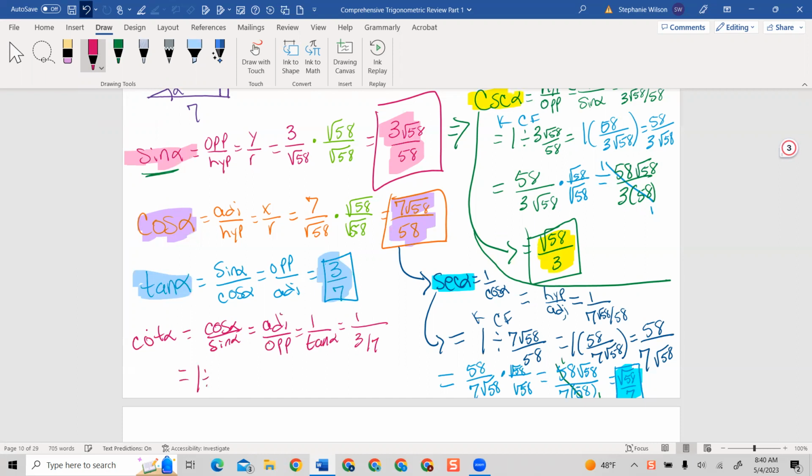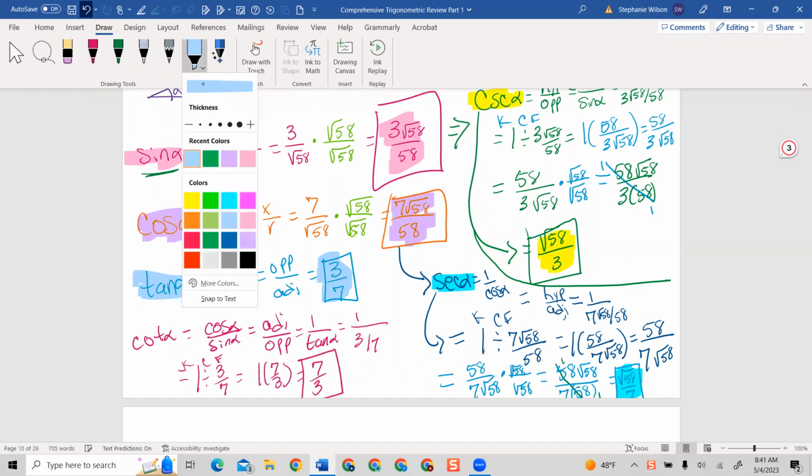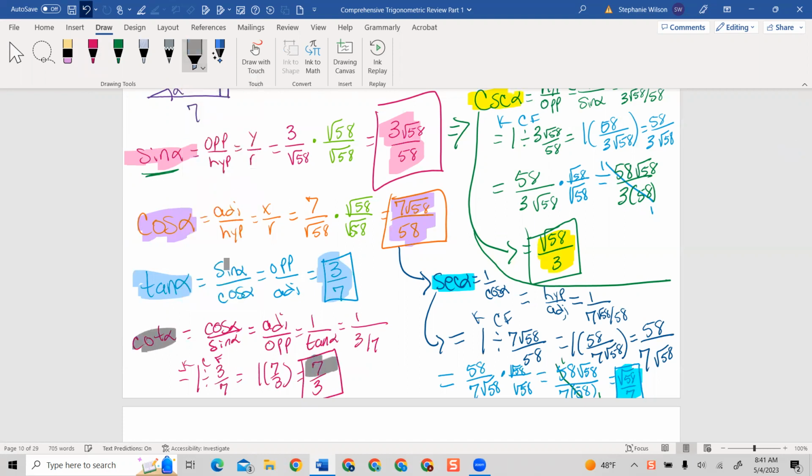Rewrite it. 1 divided by 3/7. We're going to keep, change, flip. 1 times 7/3 is equal to 7/3. And let's just change that right quick. Yeah, it's not bad. There we go. So we got all 6 identities.